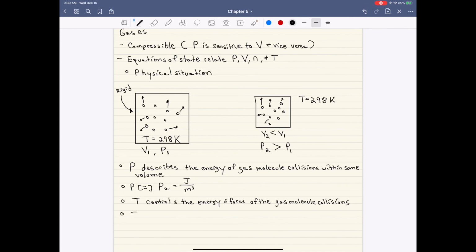And so if V is reduced and temperature and number of molecules stays the same, that means the pressure must increase. And so whenever you're thinking about pressure, one useful way to think about it is as a sort of energy density, right? The energy per unit volume.